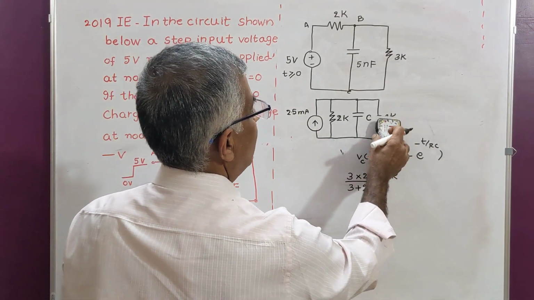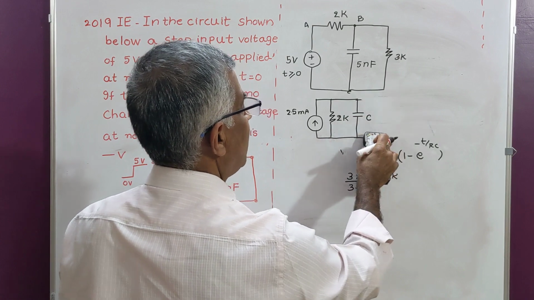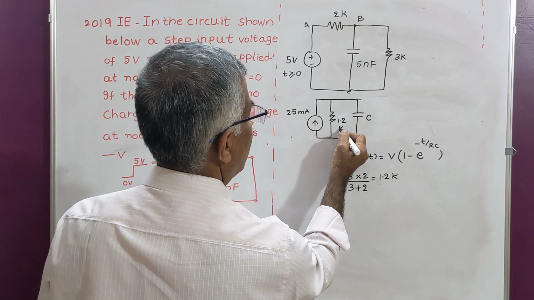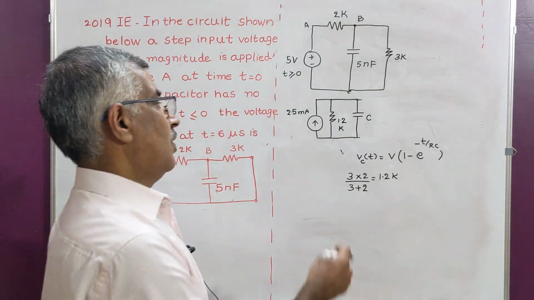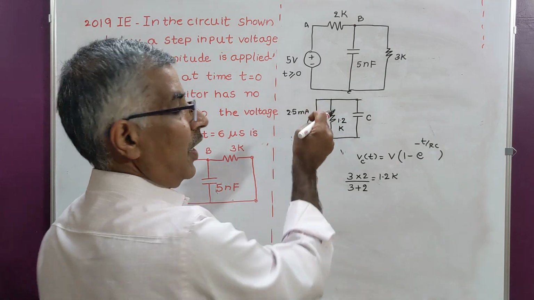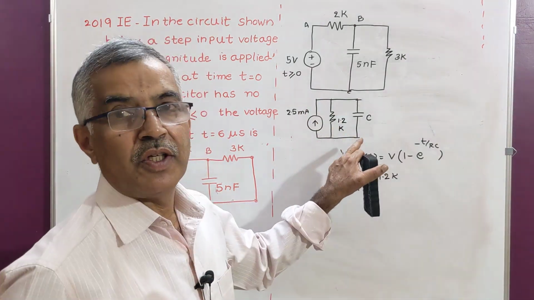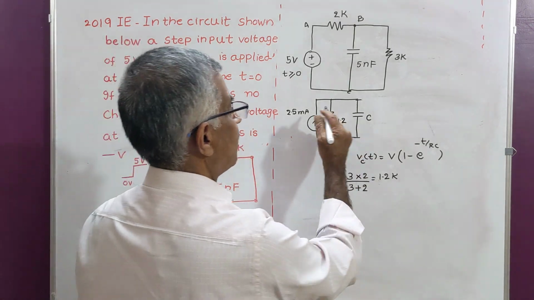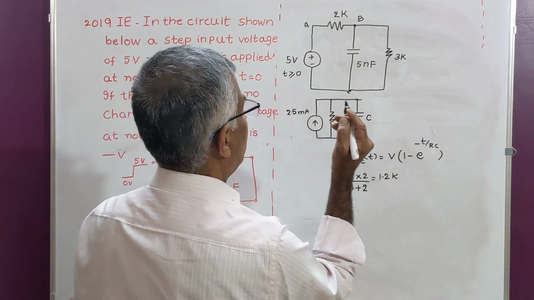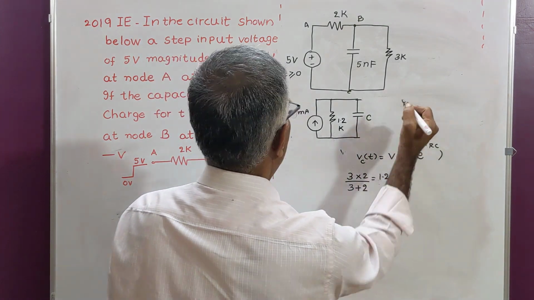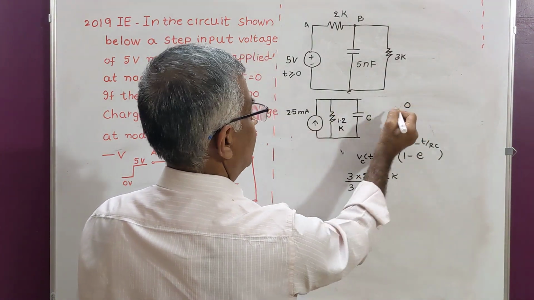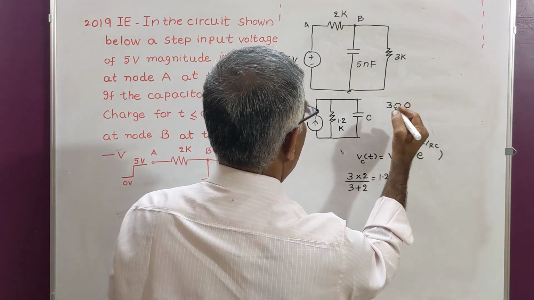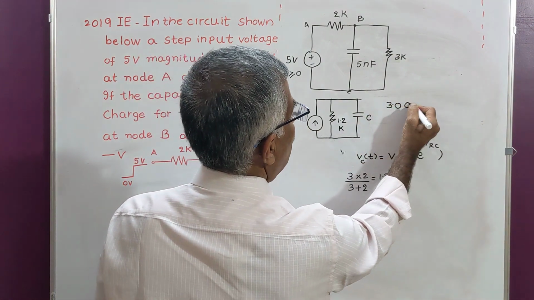Now, I will combine 3K with 2K and make it 1.2K. Now reconvert the current source in parallel with 1.2 kilo ohms into a voltage source in series with a resistance. So 2.5 into 1.2 is 3 volts.